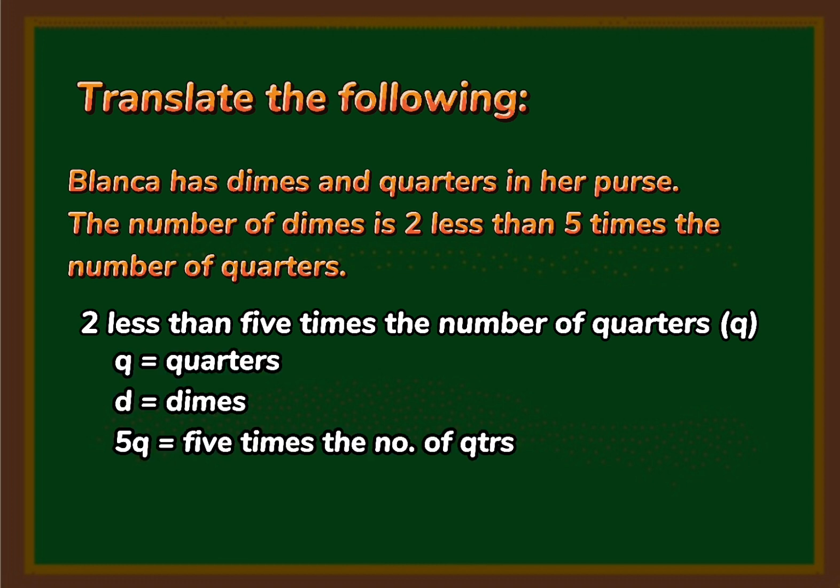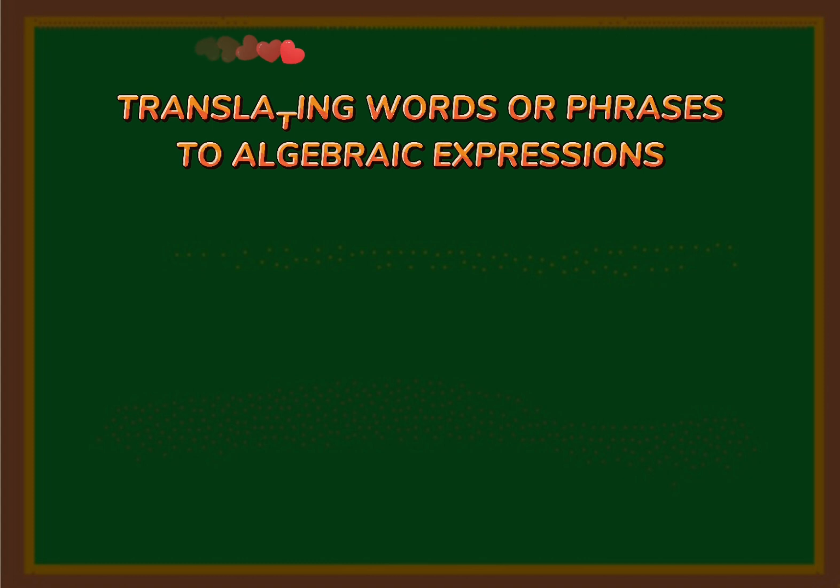So let Q represent the number of quarters, and 5 times the number, that's 5 times Q. So that's 2 less than 5Q, and 2 less than 5Q is 5Q minus 2. So that's all about converting phrases into common mathematical operations or algebraic expressions.